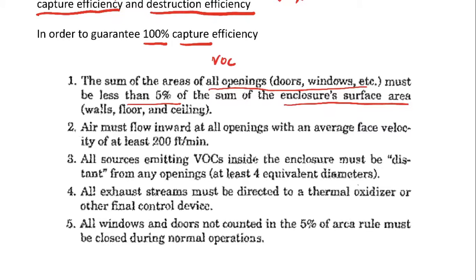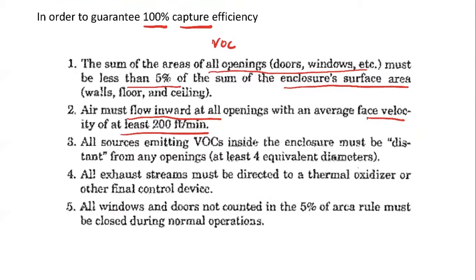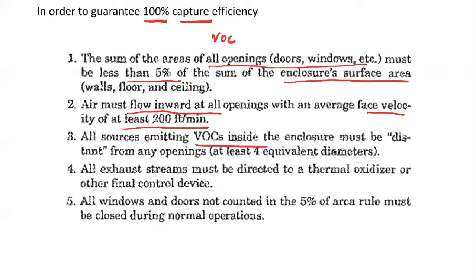This is to make sure that the air is not leaking to the outside environment, right? We also need to make sure that the air flowing inward has a face velocity above certain values. Otherwise, if the velocity is lower, it's going to make it easier for the air to leak outside. All the sources emitting VOCs inside the enclosure must also be distant from any openings. This also makes sense, right?